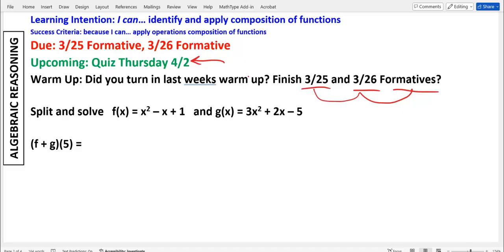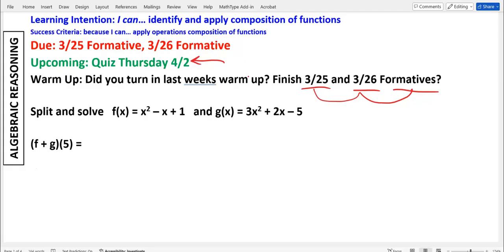All right. Now, if I'm going to solve f plus g of 5, and we got two functions, remember, you can literally just add these two up, replace x with 5, and solve it. But there's also the Desmos way, which is what's my first step? If it's in one parentheses, you have to split it into two, right?